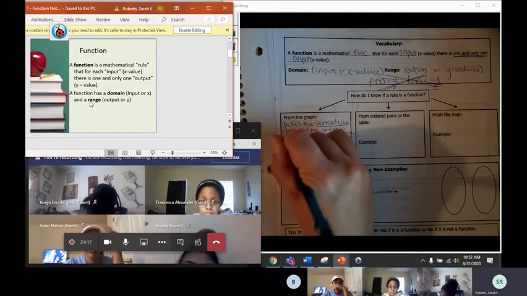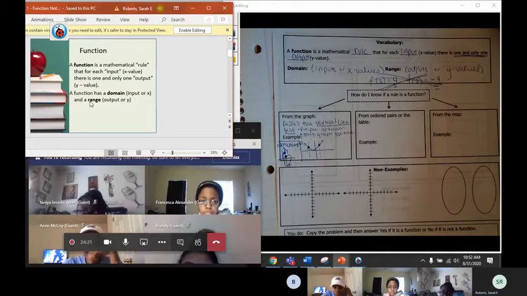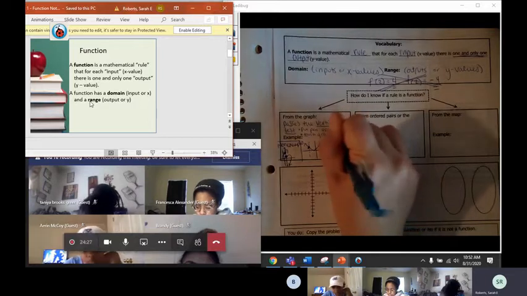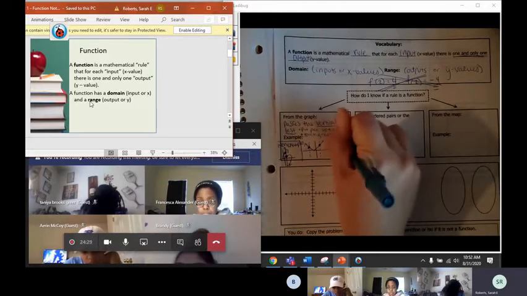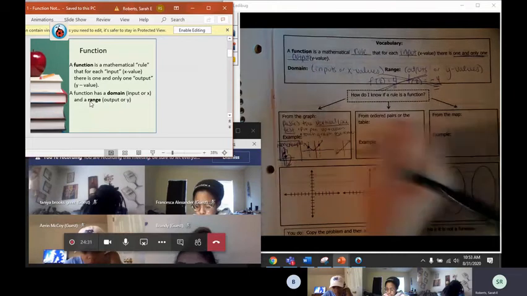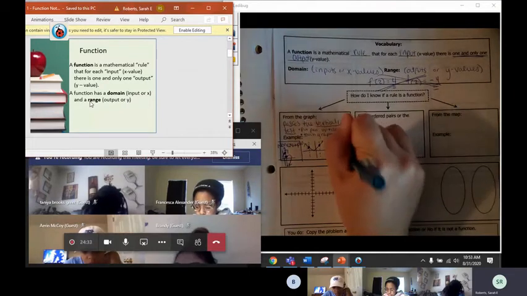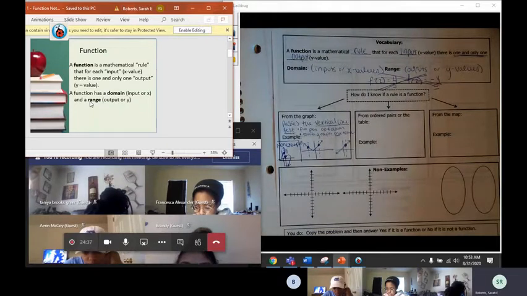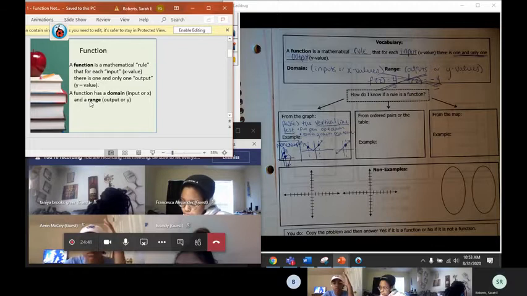See how I passed through this relationship twice? Okay, whereas over here, I only pass through once. This could also be, if I have a line, like a y equals mx plus b line, I can draw a vertical line through it at any point, and it should only cross through once. Okay.